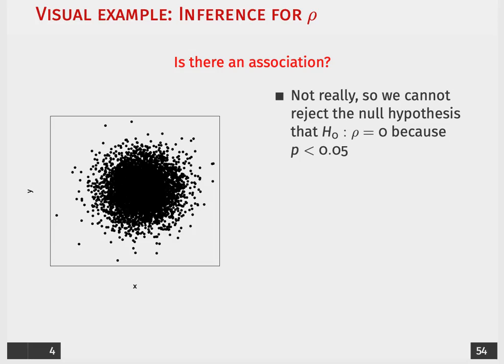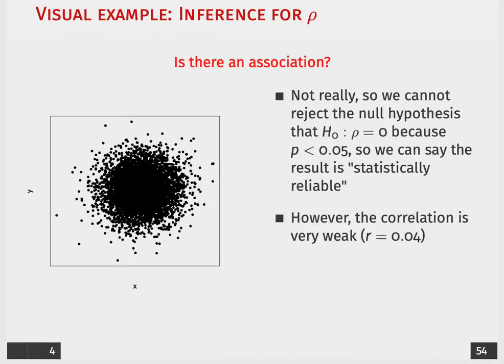So if we have a p-value that's below our critical threshold, typically 0.05, then we can say that we reject the null hypothesis, and we can say that that's statistically reliable. However, even though we have a statistically reliable relationship, the correlation itself is very minimal.